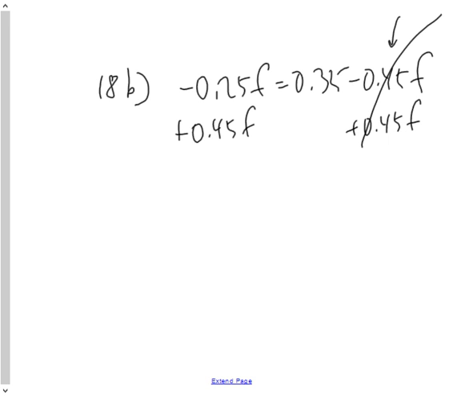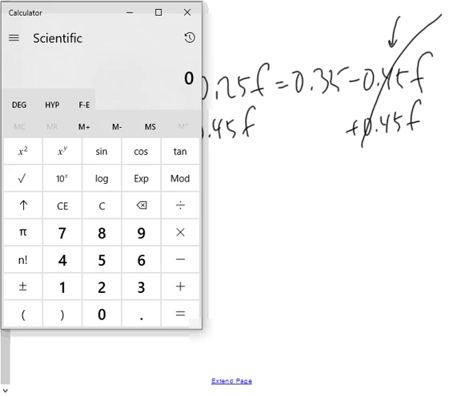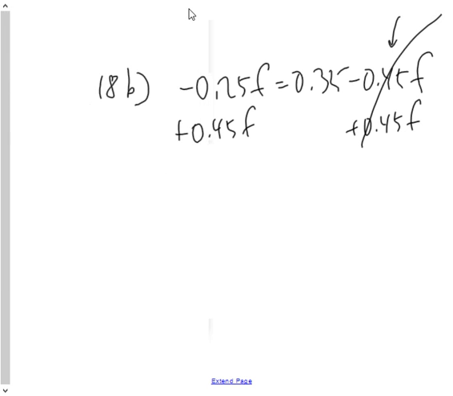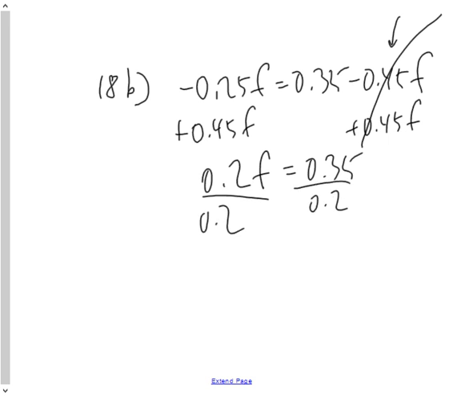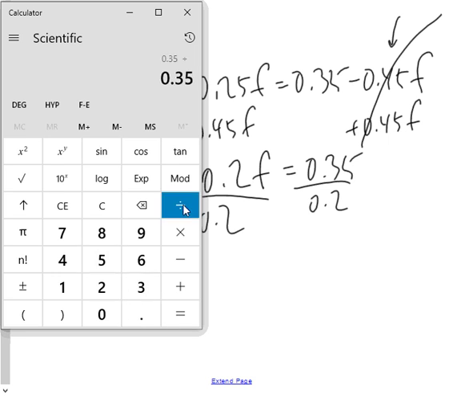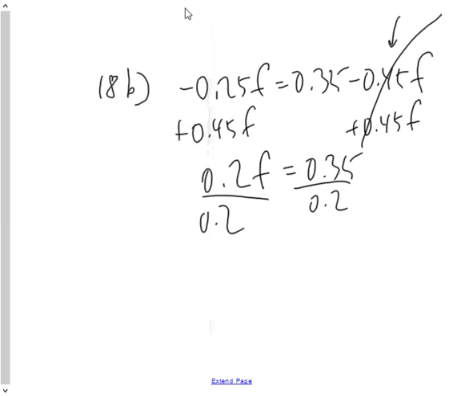Now, for those of you who struggle with integer addition and subtraction, positive 0.45 combined with a negative 0.25, don't forget to put it in as negative, equals a positive 0.2. 0.2 F equals 0.35. Divide both sides by 2/10. And decimal 35 divided by 2/10 is 175. So F equals 1.75. That's for B.